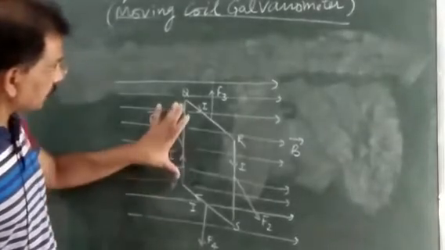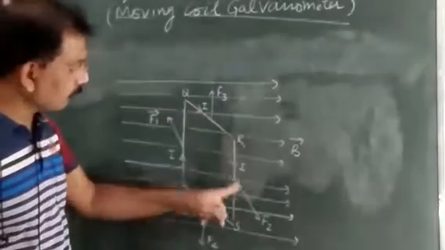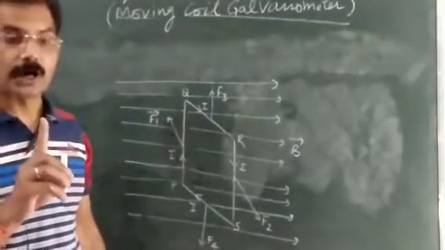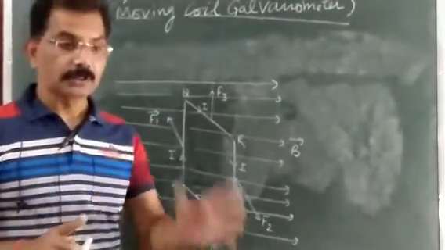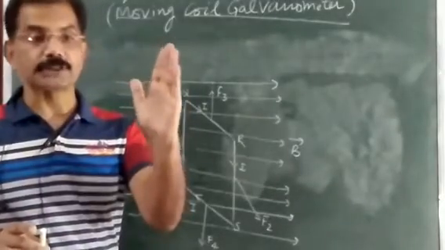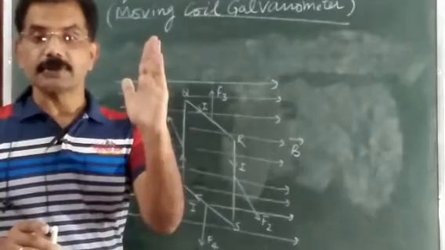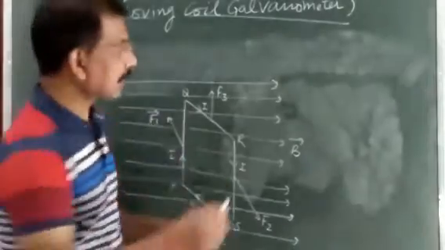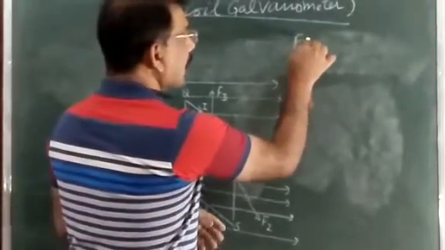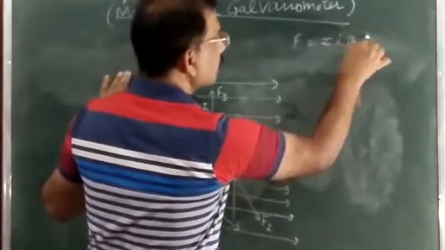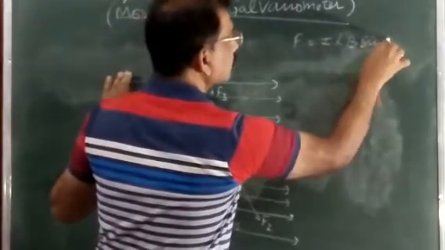Then each side of this current carrying loop will experience a force. We told you earlier in the previous chapter that when a current carrying conductor is placed in a uniform magnetic field, then it will experience a force whose magnitude is given by F is equal to ILB sine theta.